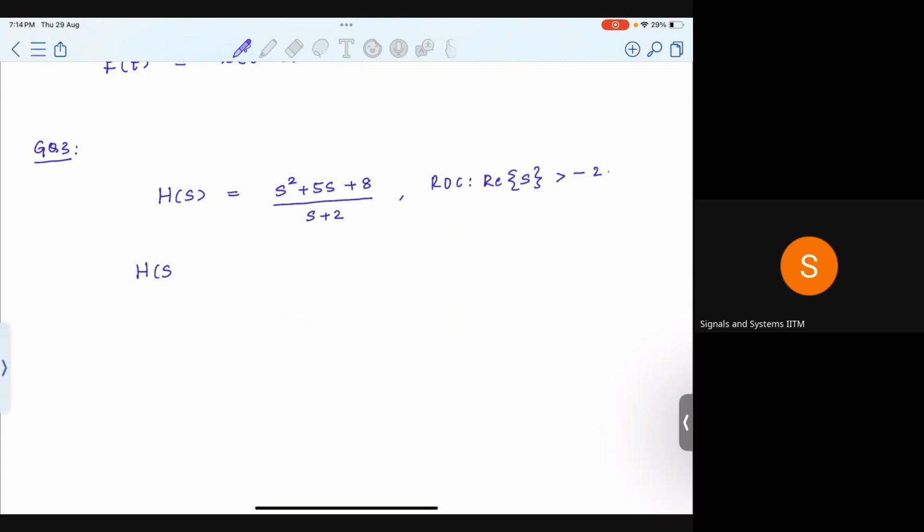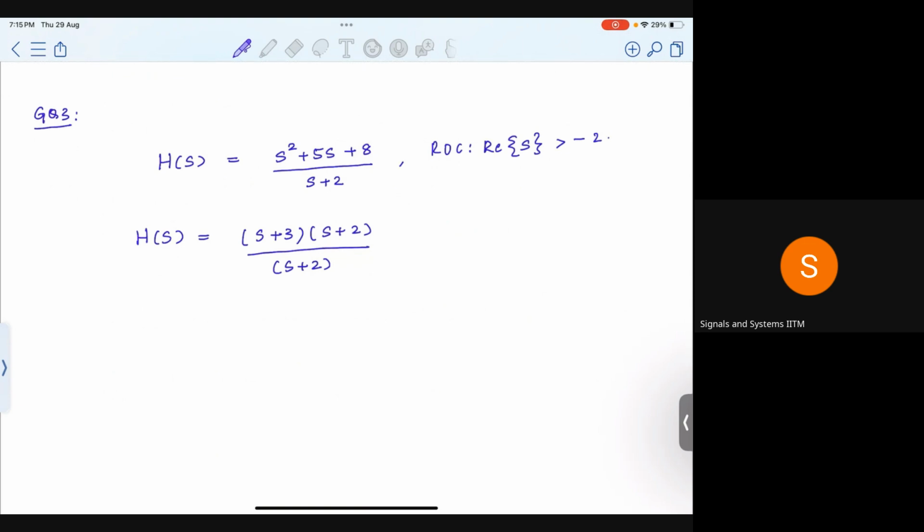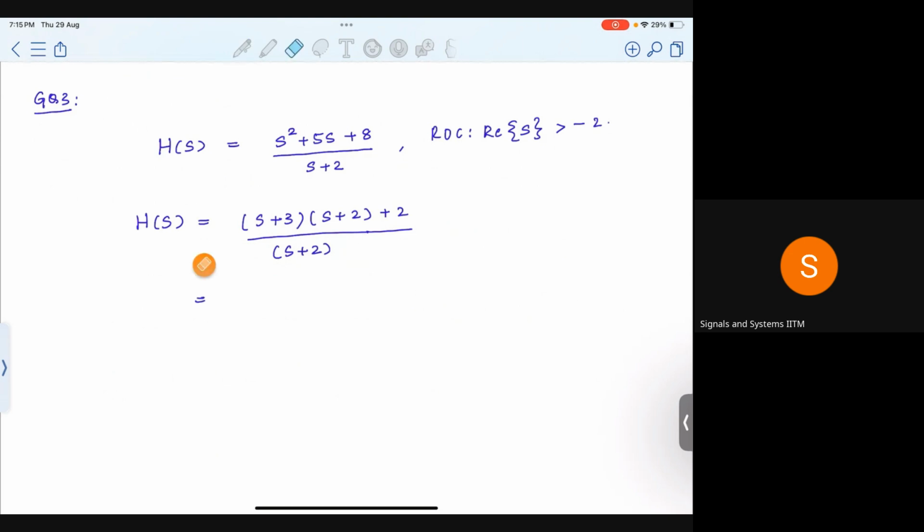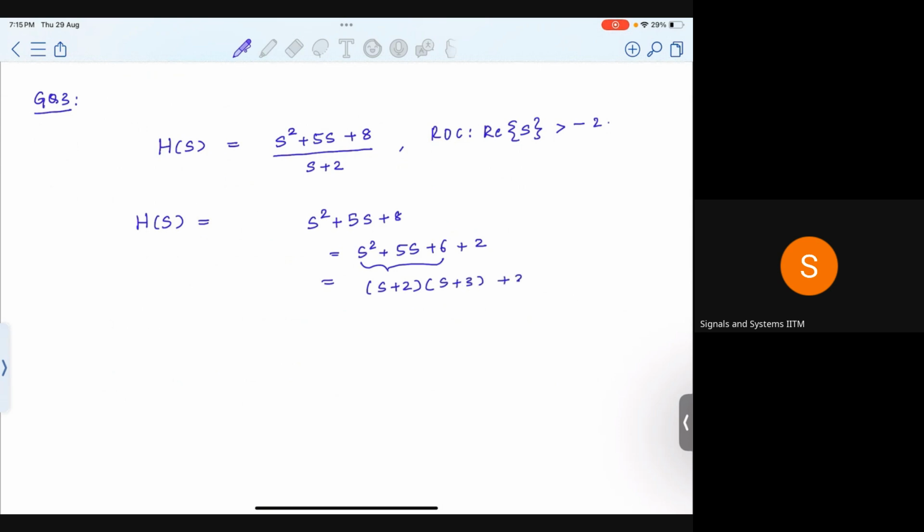So you can write H of s as, so you have s square plus 5s plus 8 is equal to s square plus 5s plus 6 plus 2, and this you can write as s plus 2 times s plus 3, plus 2.